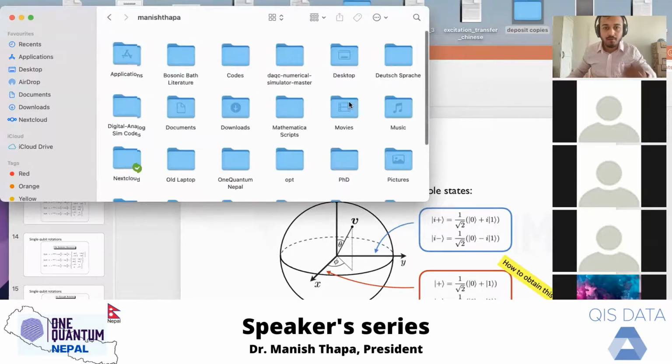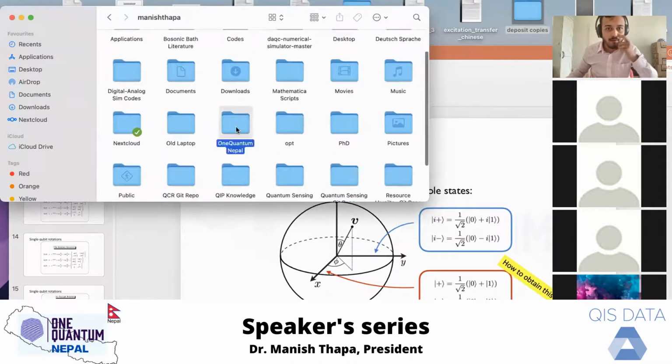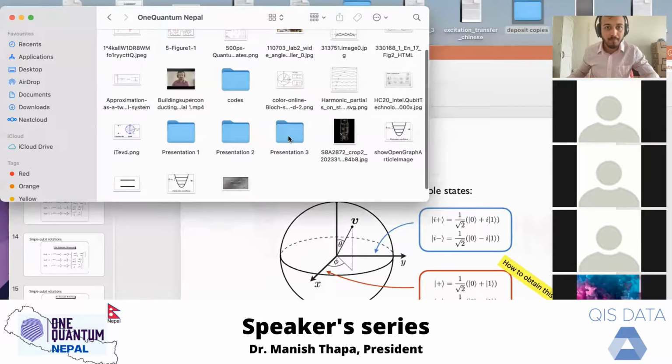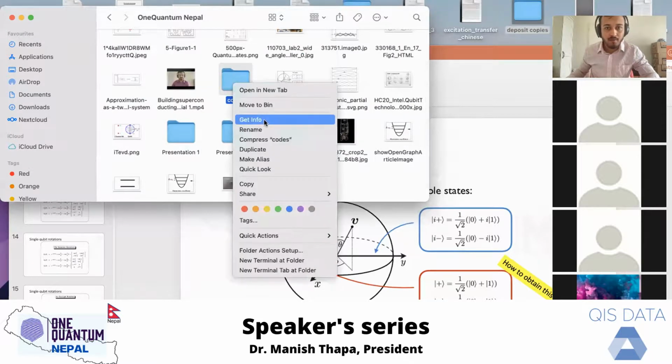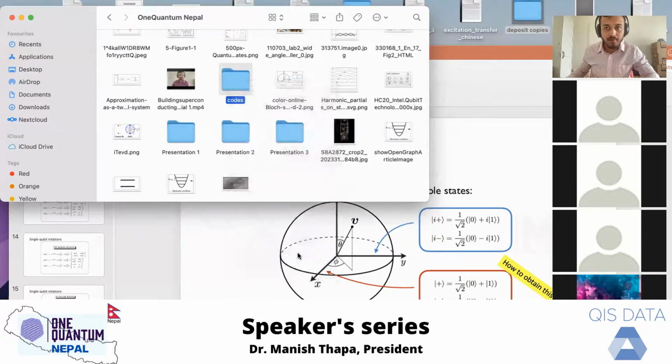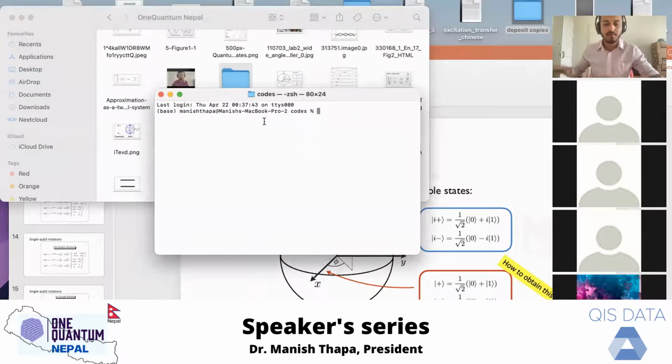I want to open my QuTiP program, so I open a terminal at the folder.